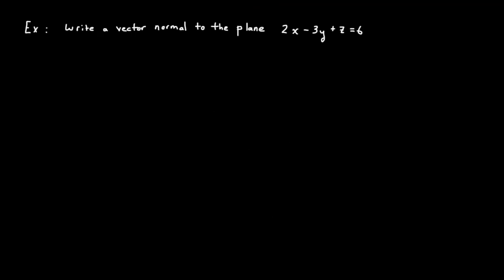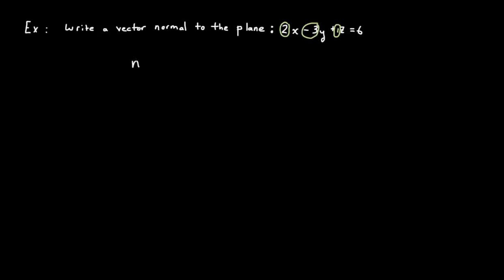Let's take a look at this first real simple example. Write a vector that is normal to the plane, and they give you a plane here. This is so simple because the coefficients of x, y, and z are all going to make up the normal vector.